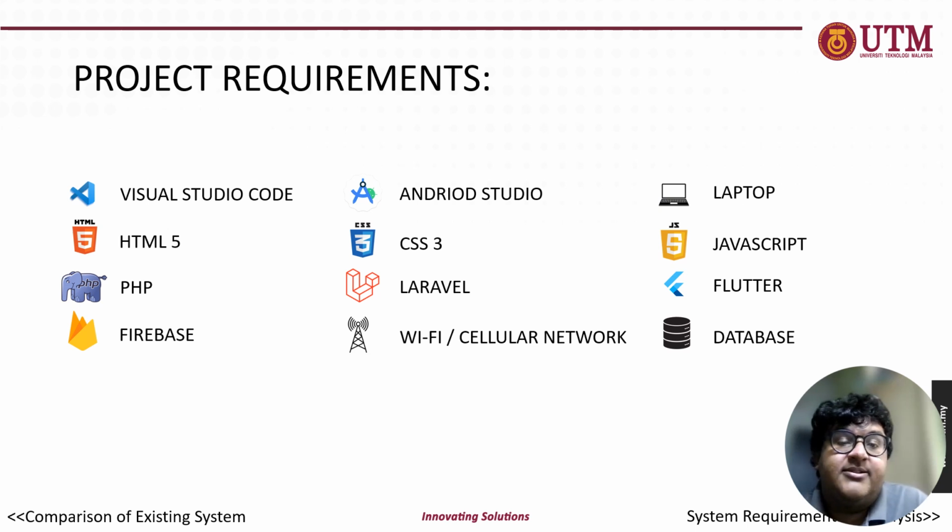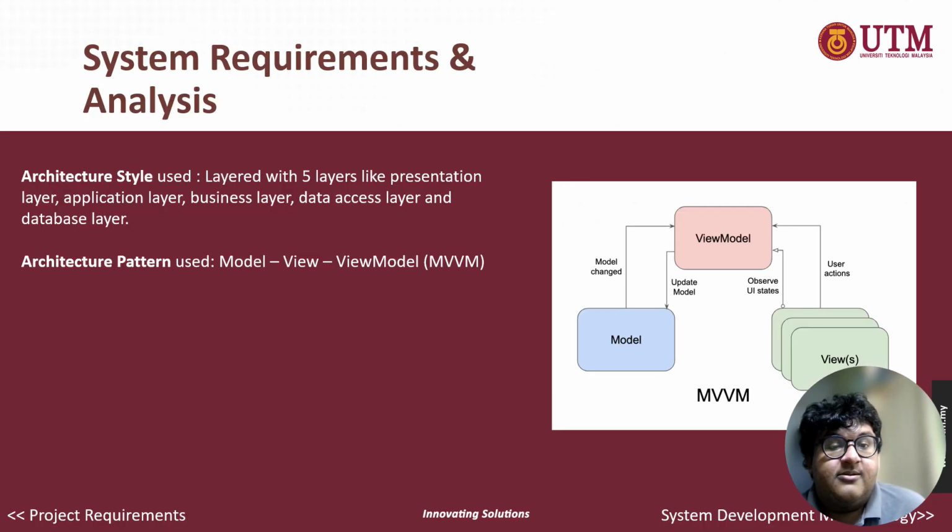For the project requirements, we need some software and hardware like Visual Studio Code, Android Studio, a laptop, and programming languages and tools like HTML, CSS, JavaScript, PHP, Laravel, Flutter, Firebase, cellular network, and a database. Next is the system requirement and analysis. The architecture style used is layered, with 5 layers: presentation layer, application layer, business layer, data access layer, and database layer.